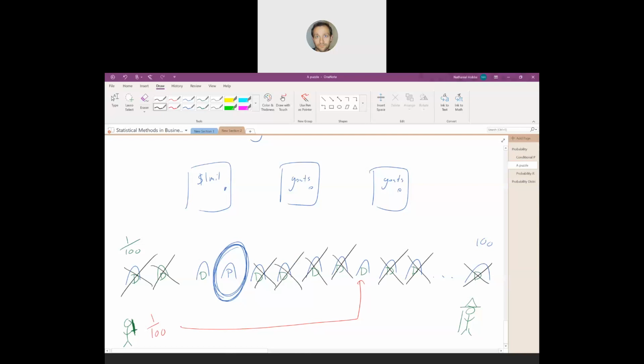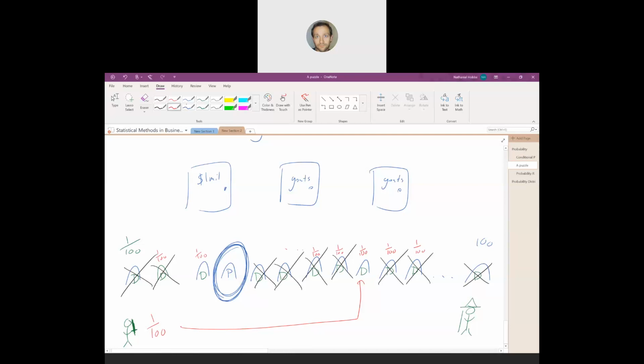But he has to keep one other door. Initially, each of these had a probability of 1 in 100 being right.